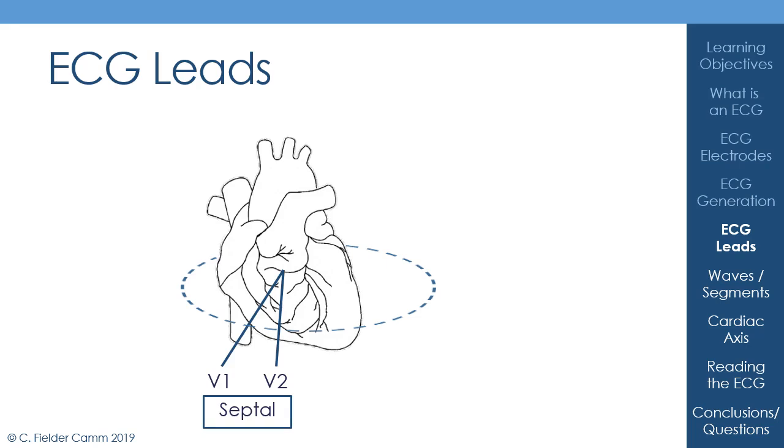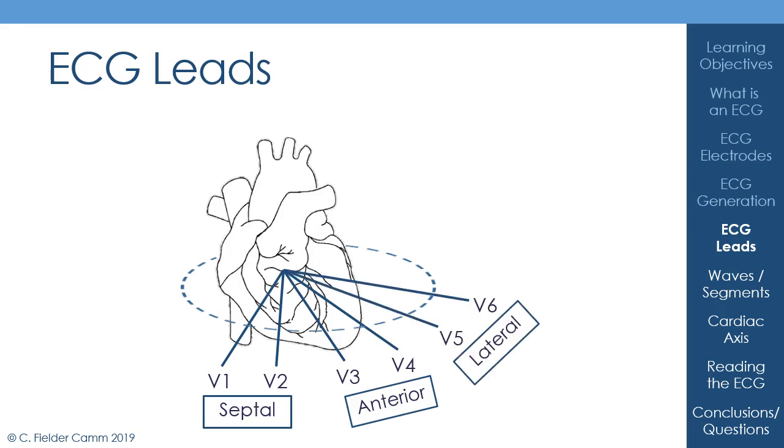We have V1 and V2, which look primarily at the septum between the left and right ventricle. V3 and V4, which are supposed to be looking at the anterior wall of the left ventricle. And V5 and V6, which look at the lateral aspect of the left ventricle. And you'll notice that these names of the leads are the same as the names of the 6 electrodes that go across the chest.